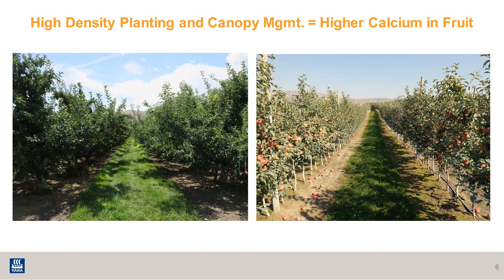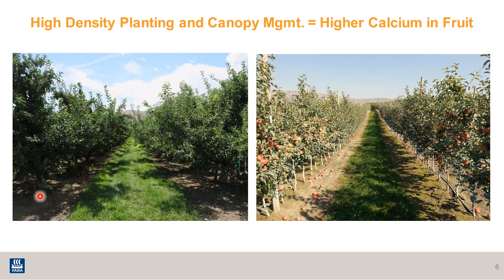One of the ways to increase apple quality these days is to plant your trees in a high density planting, as seen on the right, compared to the traditional low density planting. In the high density planting, you normally have a more narrow between row spacing and tighter within row tree planting.